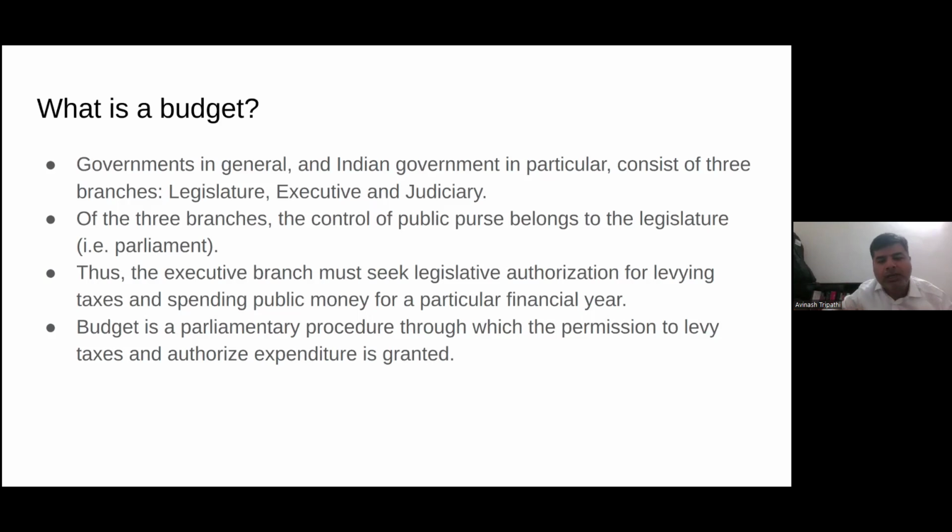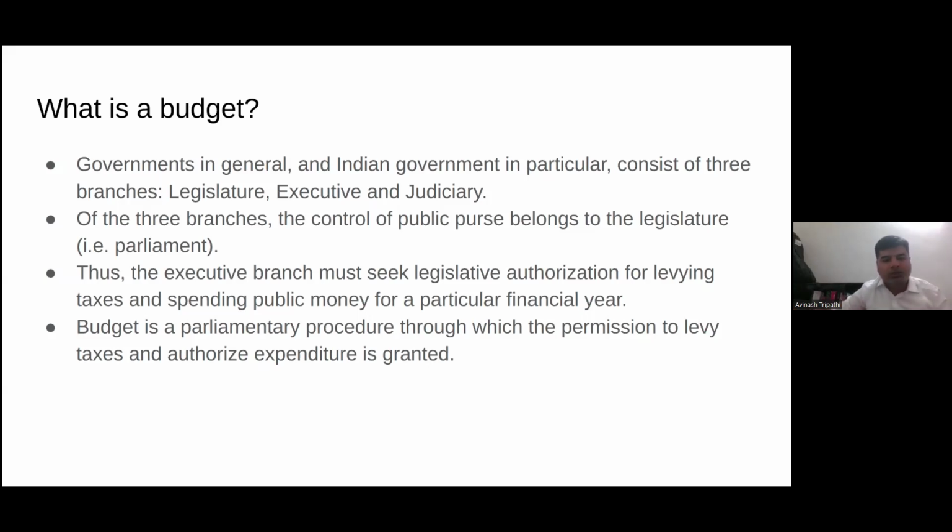If you have done your civics in class 10th, you must know that government consists of different branches. You have something called the legislature, the executive, and the judiciary. These are three supposedly independent branches within the government. Now, what is the legislature? The legislature is basically your parliament.